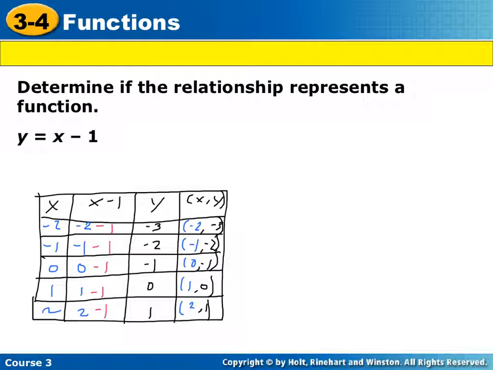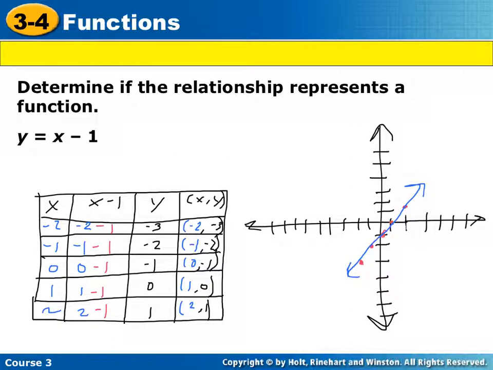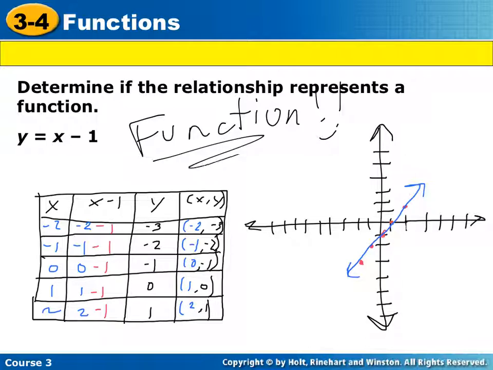After I graph it, you will notice that it's a straight diagonal line, and if I use my vertical line test, it would pass because I would only hit my graph line in one spot. So is this a function? Yes, this is a function.